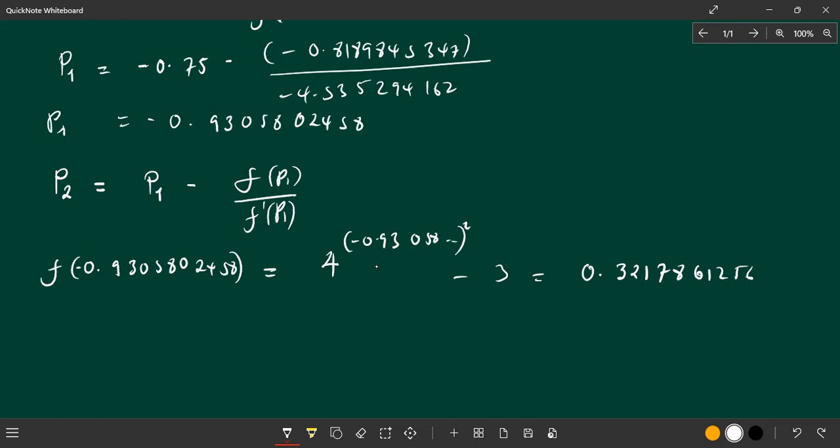And then also f prime at that point, negative 0.93058.